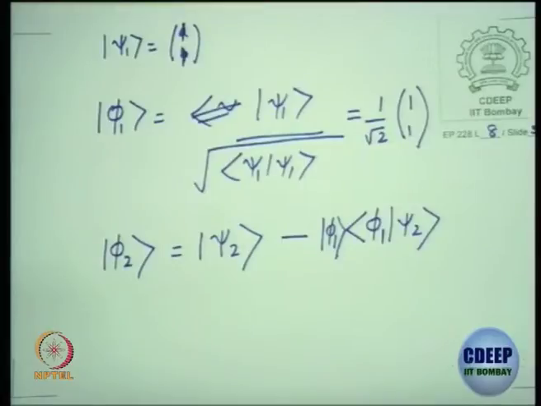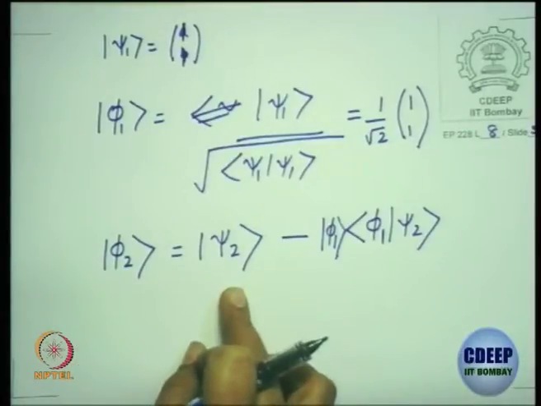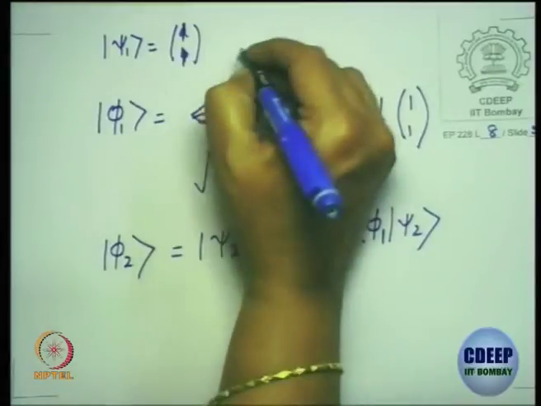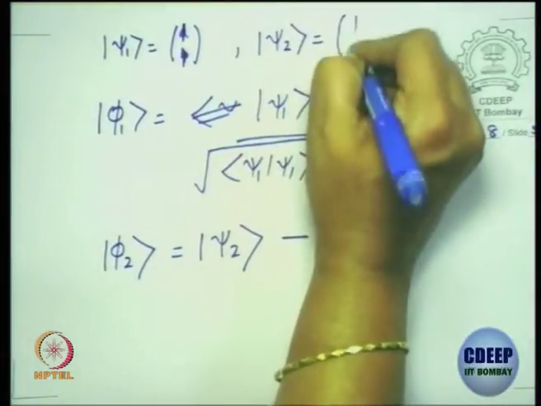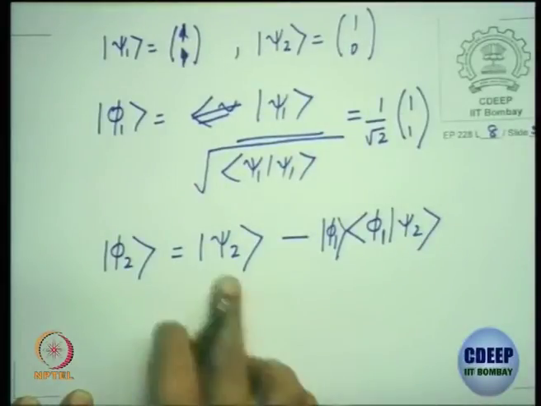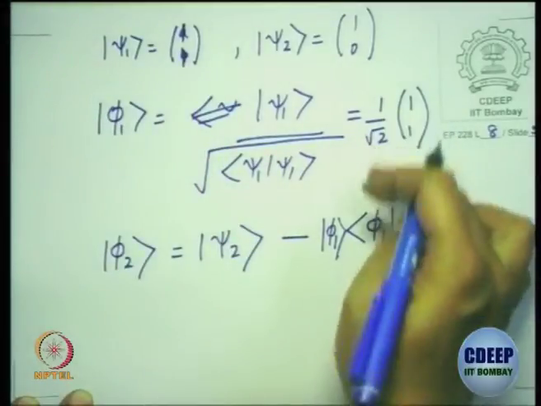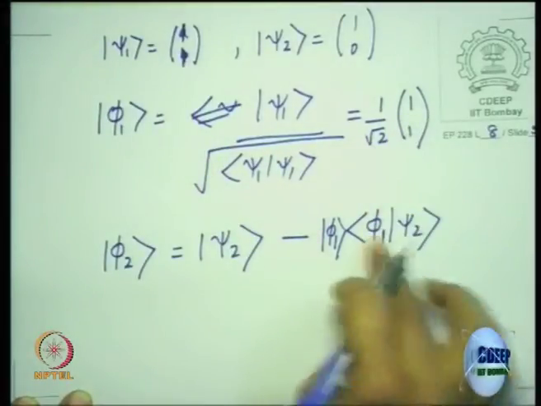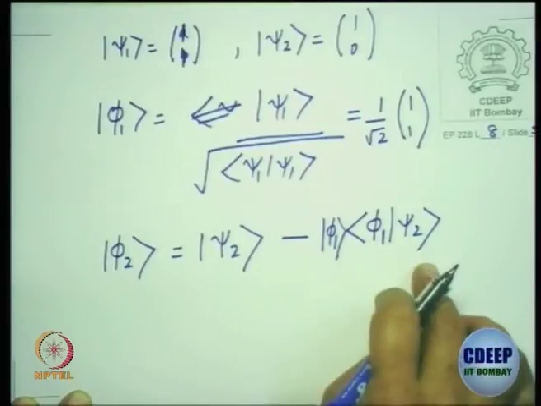So, if I want to find phi 2, I need to take psi 2. So, psi 2 in this notation I could take to be 1 0. If I take that, then you can see this is 1 1 and this is 1 by root 2 1 1 with 1 0. I will give you 1 by root 2.